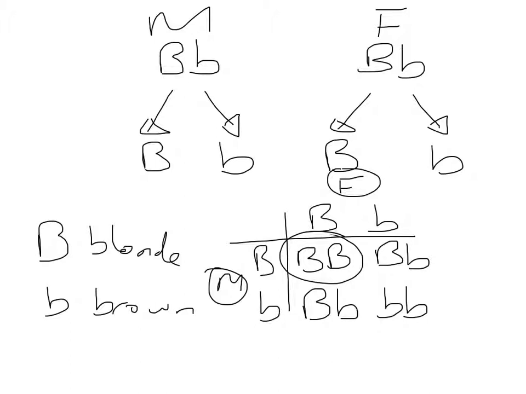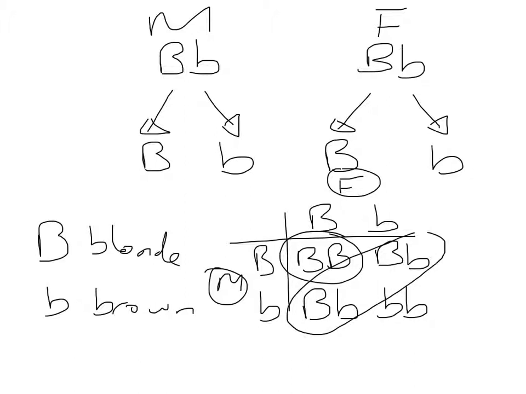In this example, they are homozygous dominant. They have two copies of the blonde allele. Any individuals with big B will have blonde hair.